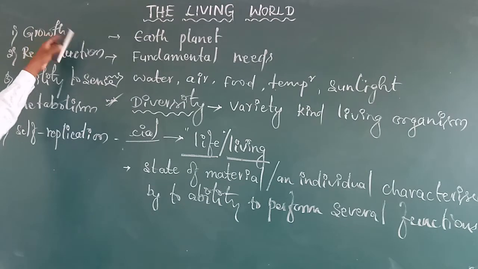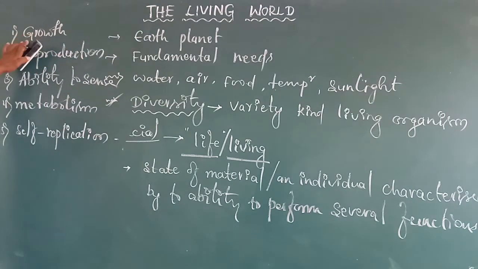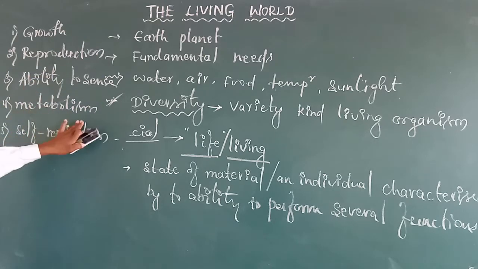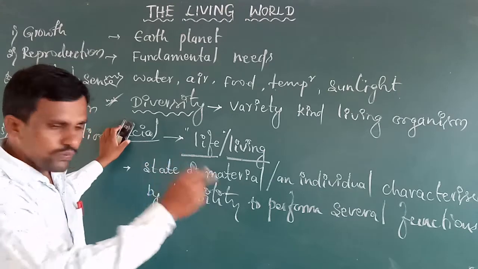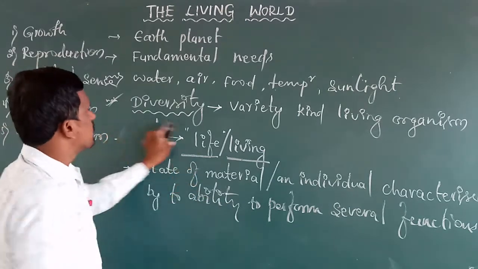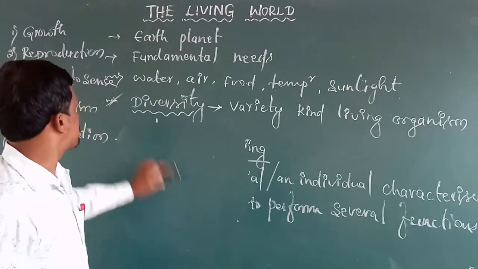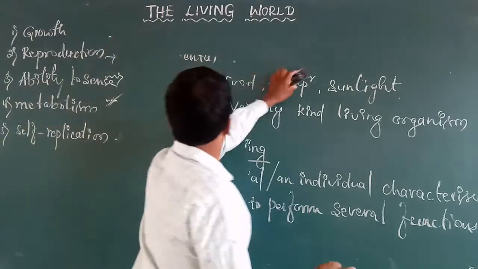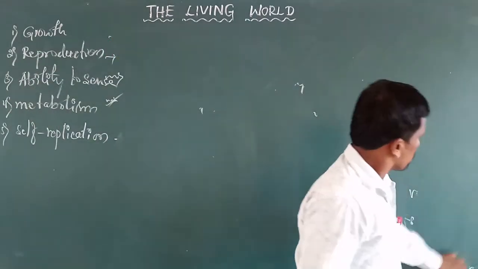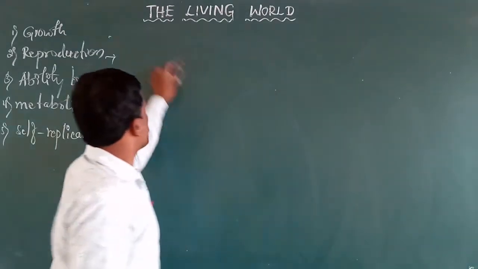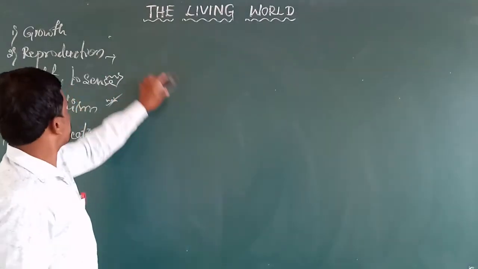So growth, reproduction, ability to sense, metabolism and self replication are the unique features, or special properties, of the living organisms.